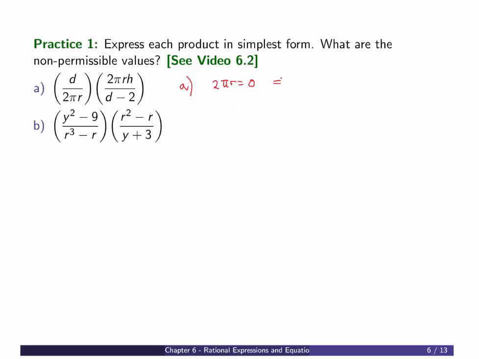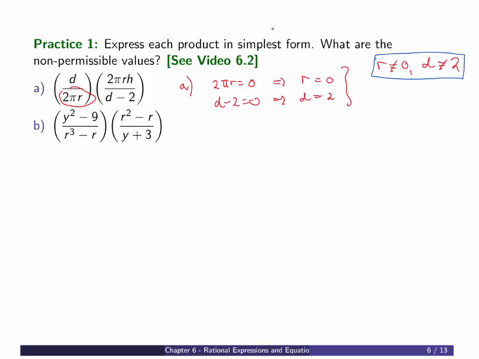So here, if r was 0, then everything would be 0. Because if that term was 0, then when you multiply by anything, it becomes 0. Same with d minus 2 equals 0, that means d equals 2. So together they basically mean r can't be 0 and d can't be 2. Those are your non-permissible values.